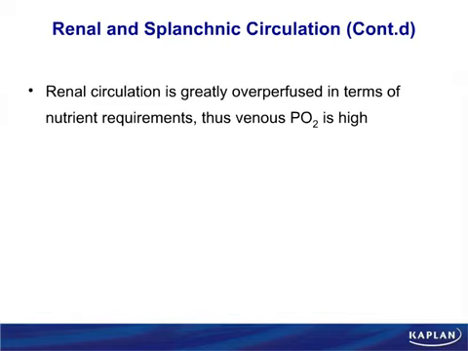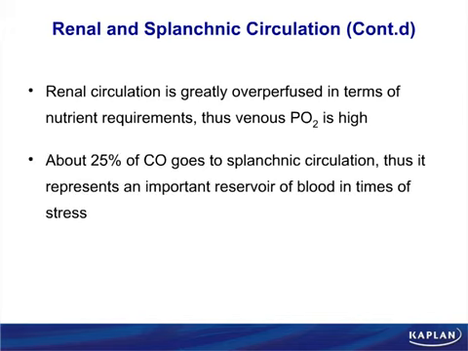And that's true. And that makes good sense because remember, the renal circulation isn't just about giving nutrients, delivering groceries to the kidney. The kidney filters the blood, so it needs a lot of blood flow. 20-25% of the cardiac output goes to the kidney, as does about 25% go to the splanchnic circulation.